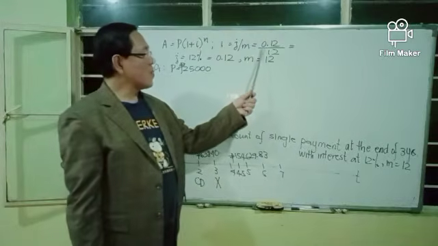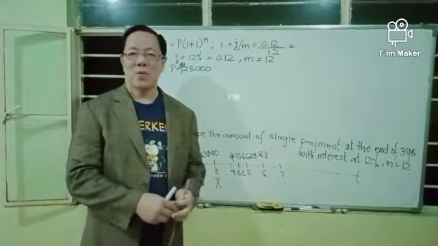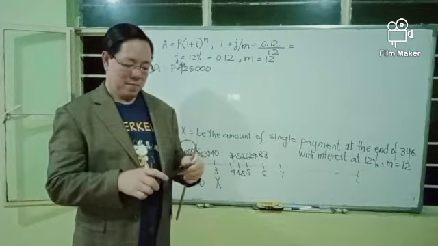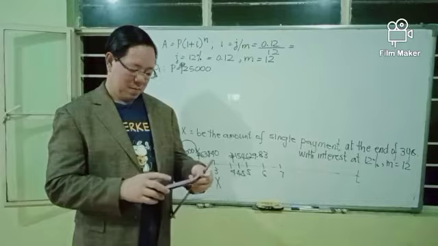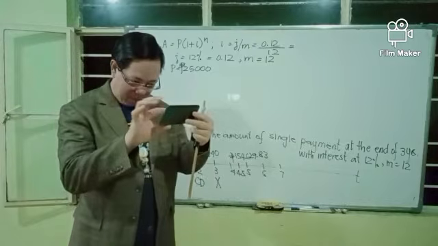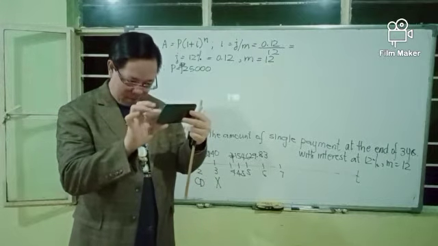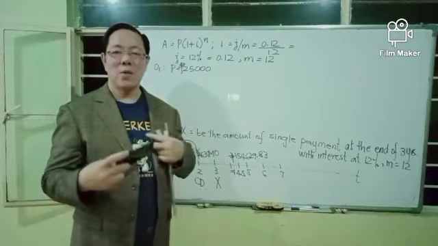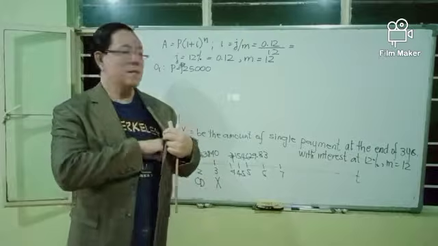So we divide 0.12 by 12 using our calculator. 0.12 divided by 12 is 0.1.